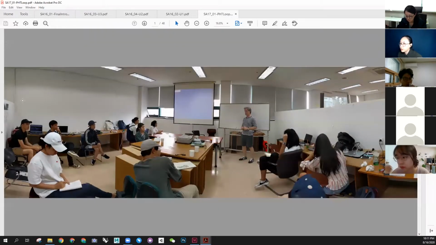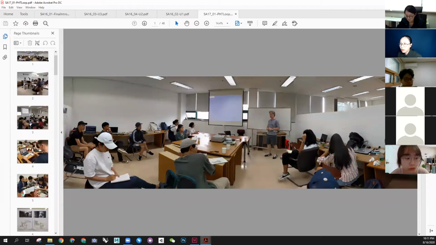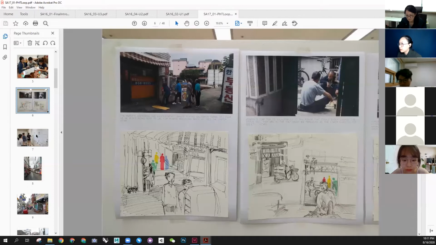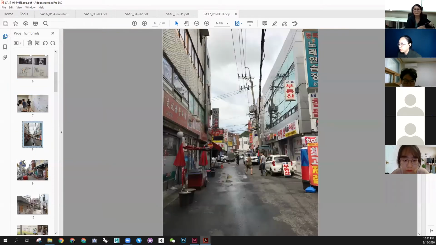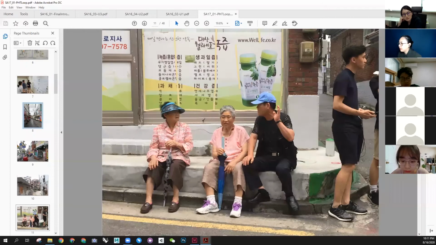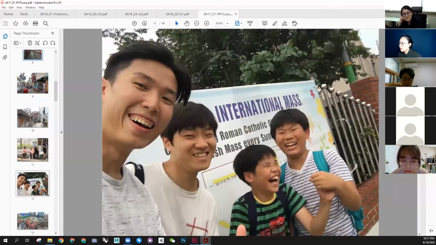And coming to 2017, we still were in Karibongdong area, which is very lively, looking like this. There are a lot of old people there.